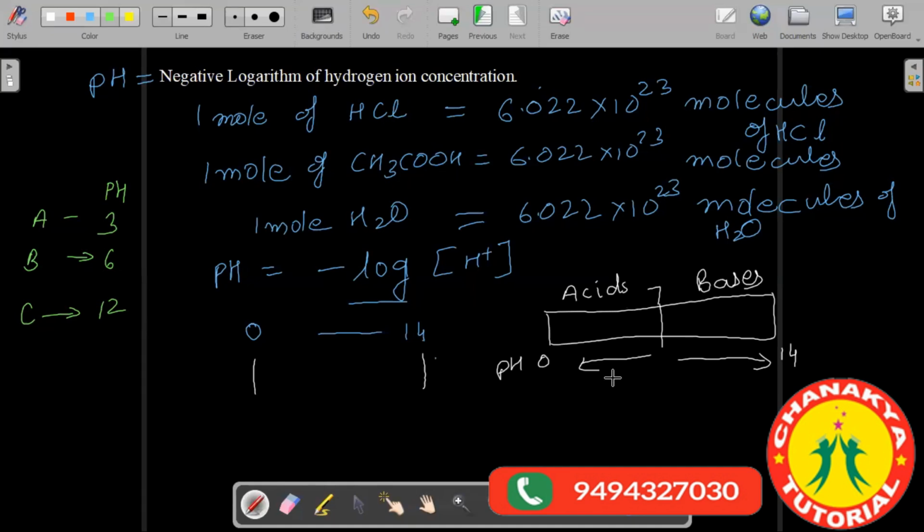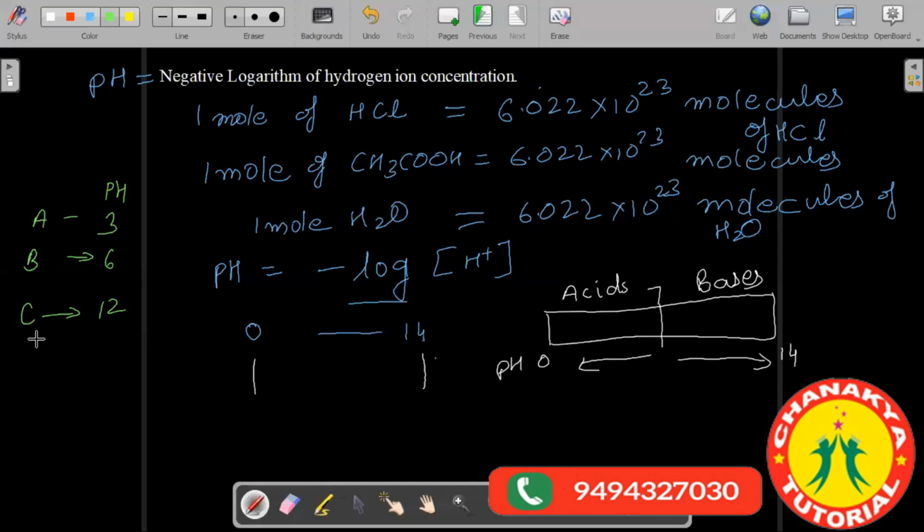Okay, see. If I arrange them in increasing order of their hydrogen ion concentration, which one will have the least hydrogen ion concentration? C has the least hydrogen ion concentration.